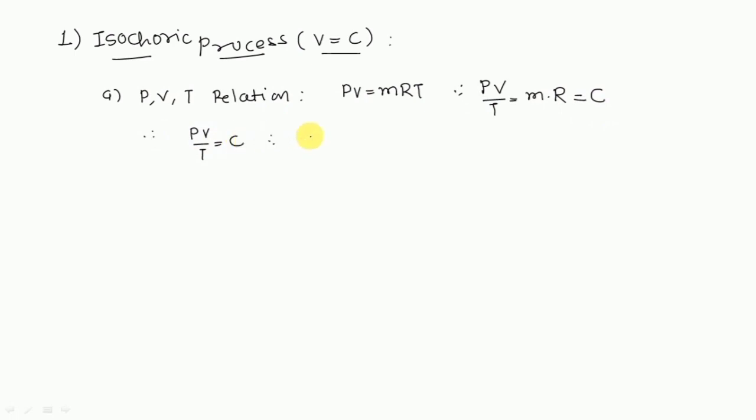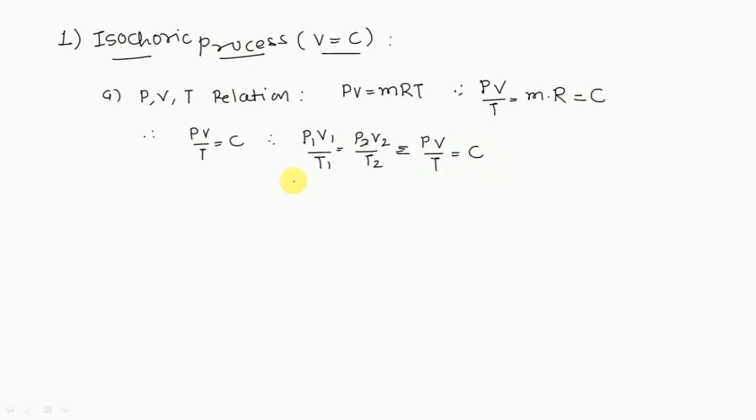That's why for different points, P1 V1 upon T1 equals P2 V2 upon T2 equals P3 V3 upon T3 equals P4 V4 upon T4, and so on.